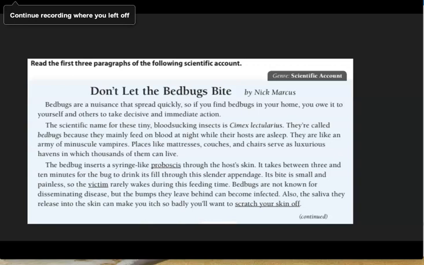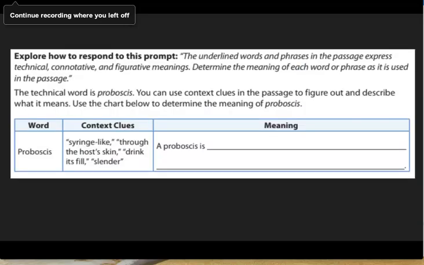The bedbug inserts a syringe-like proboscis through the host's skin. It takes between 3 and 10 minutes for the bug to drink its fill through this slender appendage. Its bite is small and painless, so the victim rarely wakes during this feeding time. Bedbugs are not known for disseminating disease, but the bumps they leave behind can become infected. Also, the saliva they release into the skin can make you itch so badly you'll want to scratch your skin off.